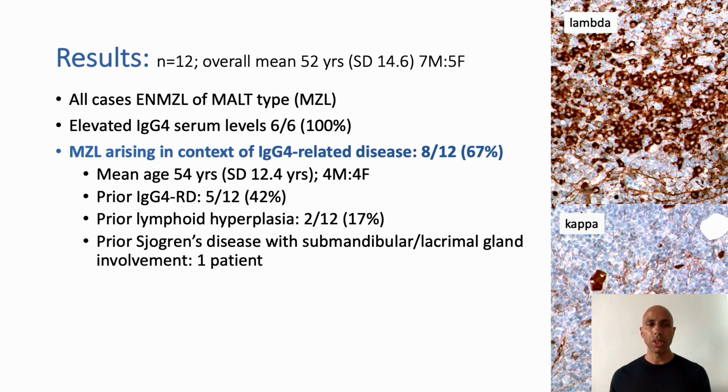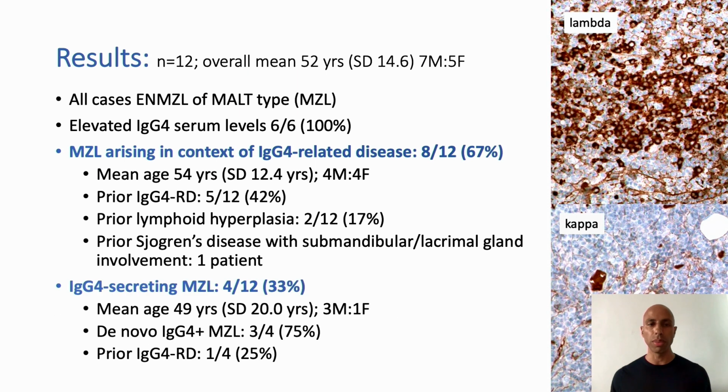We had 8 patients who had marginal zone lymphoma arising in the context of IgG4-related disease, and they had a similar mean age of 54. 5 had prior IgG4-related disease, 2 had prior lymphoid hyperplasia, and 1 had prior Sjogren's disease with submandibular and lacrimal gland involvement. We had 4 patients who had IgG4 secreting marginal zone lymphoma. The mean age was 49 years, 3 men and 1 female. Of those, 3 patients had de novo disease, and 1 patient had prior IgG4-related disease.